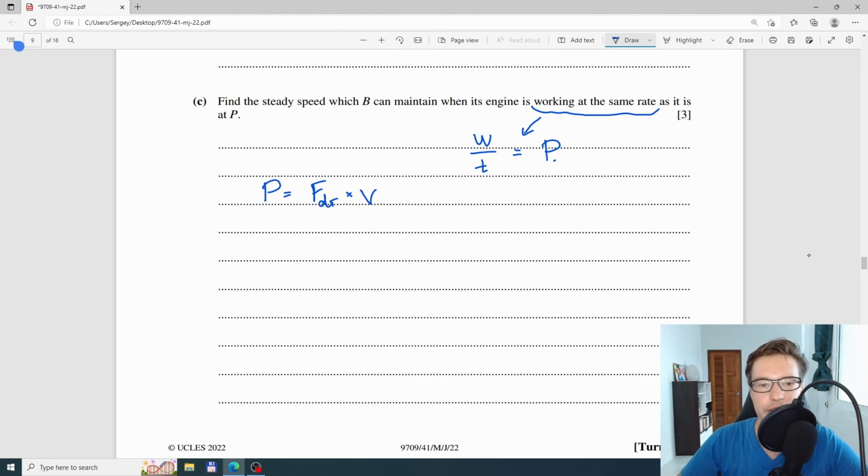Now, let's think about what's happening when the speed of B is constant. That means we still have the driving force and we still have resistance. But if the speed is constant, there is no acceleration. That means the driving force is the same as the force of the resistance.